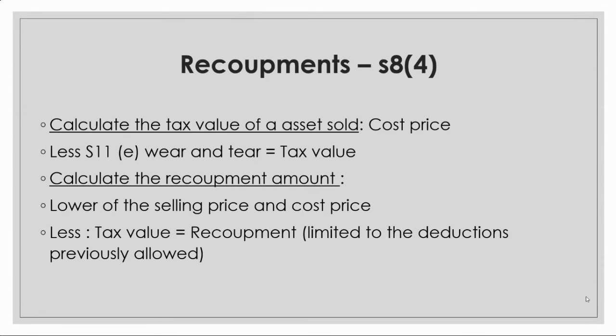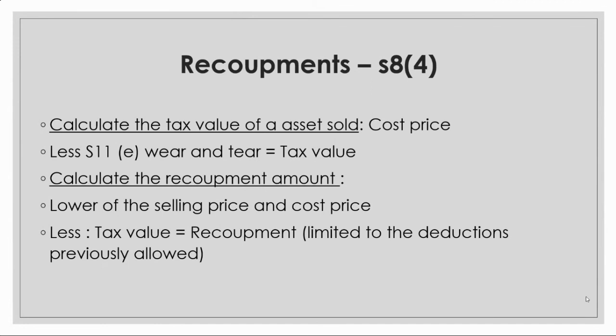Okay, so the first thing you need to do is work out the tax value of the asset sold. Now, the tax value is basically the carrying amount of that asset. So we take the cost price of what you initially paid for it, and then any additional costs that you incurred to get that asset into the location or condition that it is required for your business.